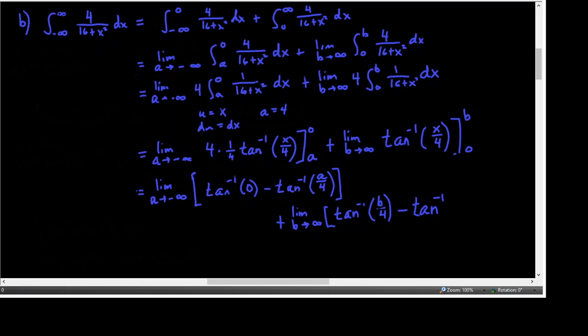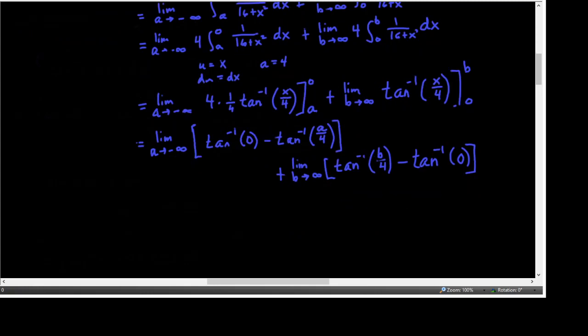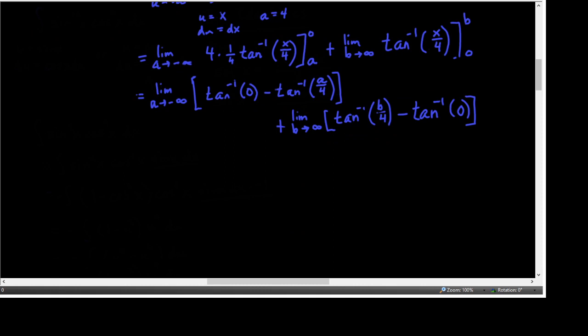And of course 0 over 4 is just simply 0. Okay. So, tangent inverse of 0 is the angle that when you take the tangent of that angle, you get an answer of 0, and of course that is 0. So the tangent inverse of 0 both times it occurs is 0.